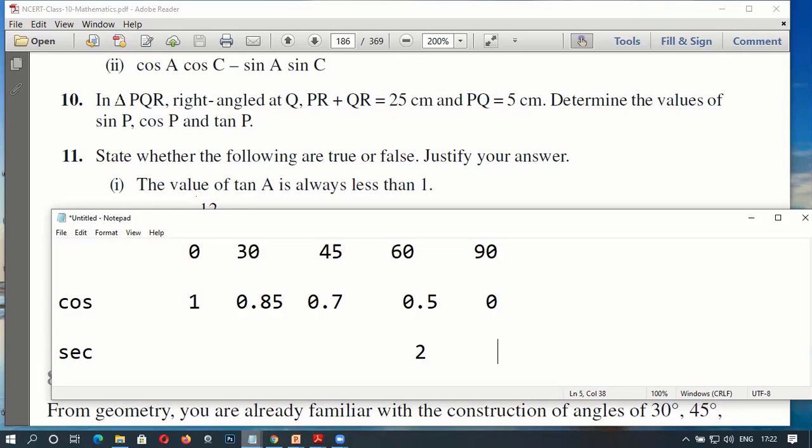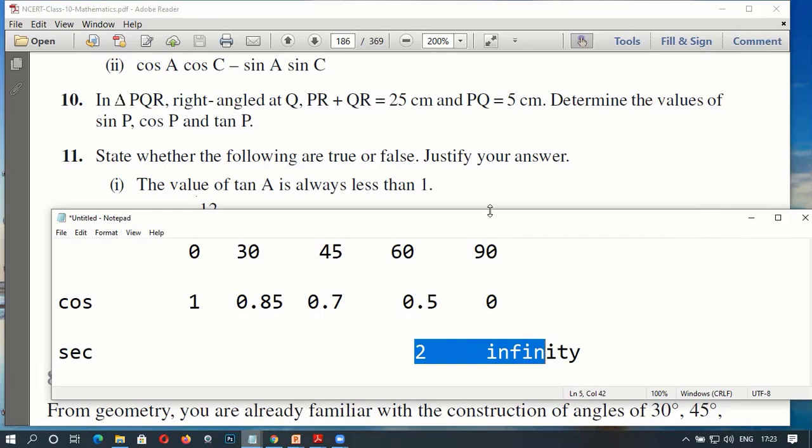Infinity or not? 1 by 0, infinity. See the value. It goes to here, but then after 60 to 90, it increases a lot. It becomes 2 to infinity. So that is one way of looking at it.